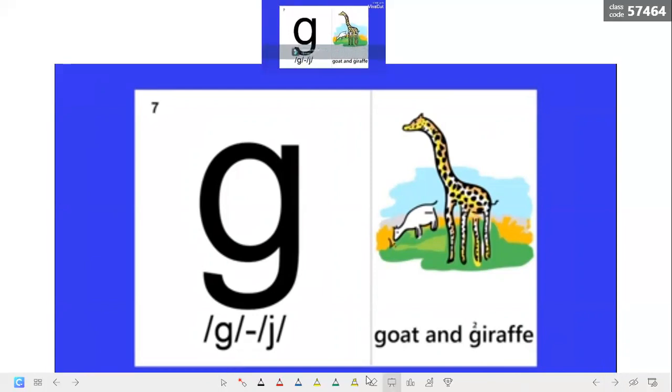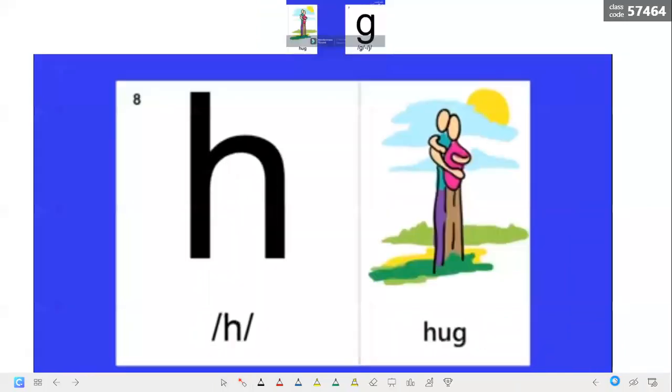Number 7. G. Goat and giraffe. Number 8, it's the letter H. The letter H has only one sound.